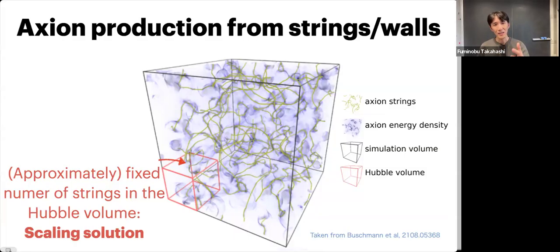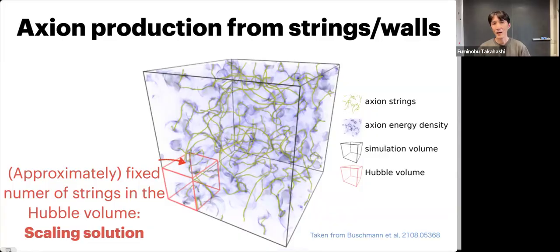And it has been pointed out by several groups that there might be a slight deviation from the scaling solution, namely the average number of cosmic strings contained in the Hubble volume might increase logarithmically as time goes on.